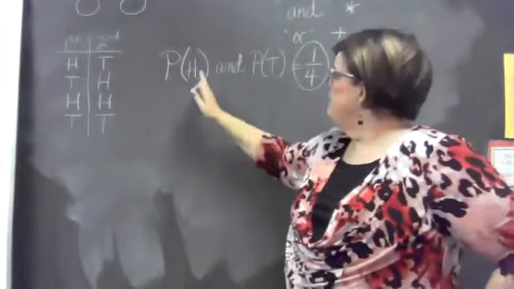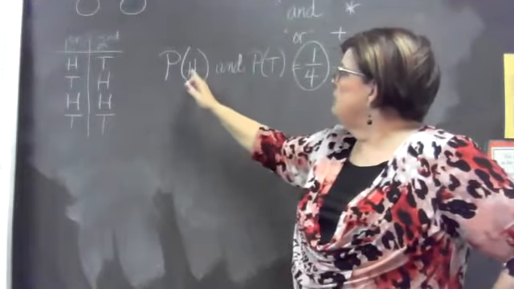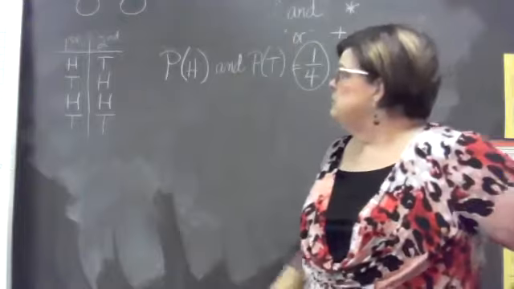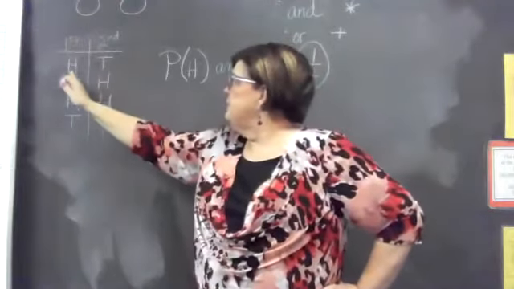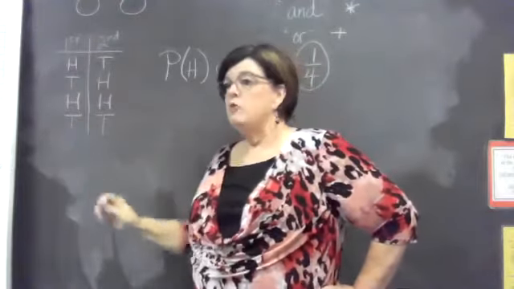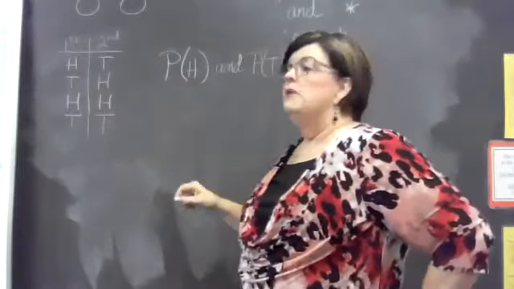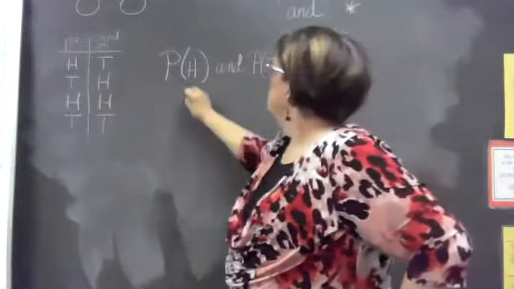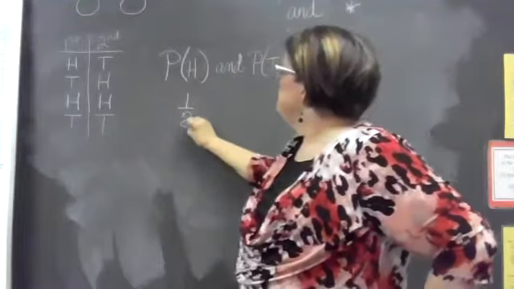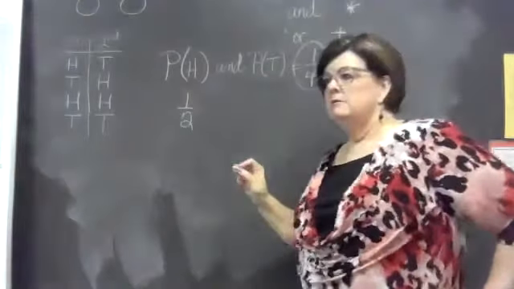What's the probability of getting heads on the first coin? Just heads on the first coin. 2 out of 4, right? That reduces down to 1/2. And we said and is multiply, right?